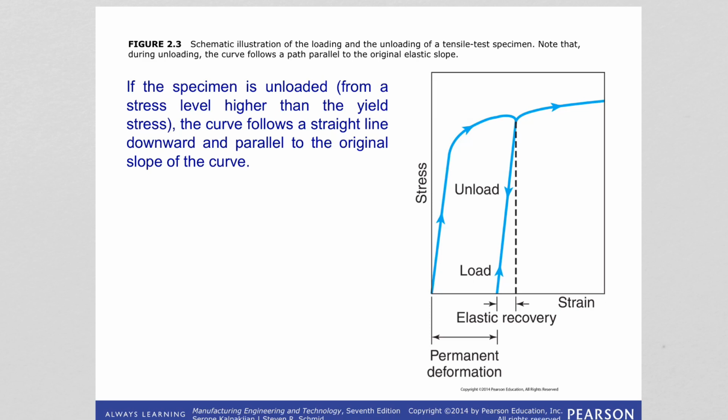Of course, if the specimen is unloaded from a stress value that is higher than the yield stress, the curve follows a straight line parallel to the original one, downward. That means that after the yield stress, permanent deformation started. You can still recover the elastic deformation part, but a permanent deformation remains in the sample, this much.